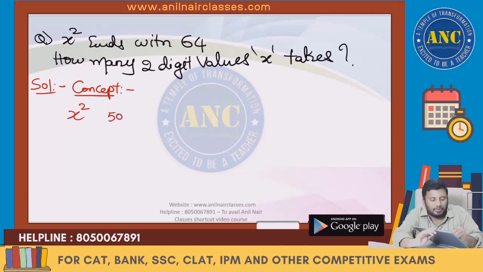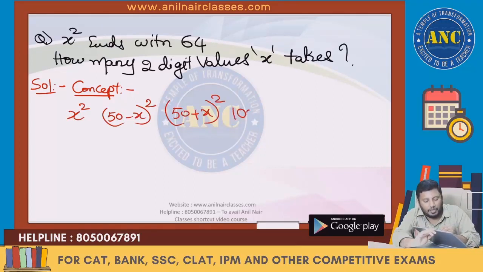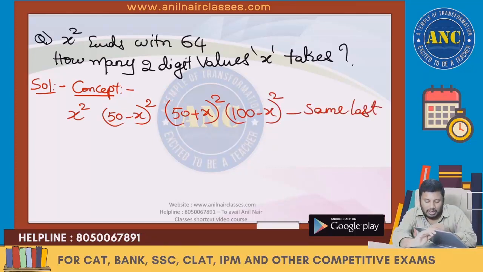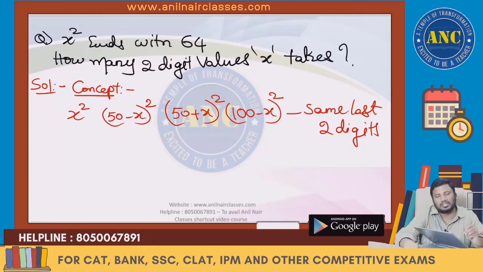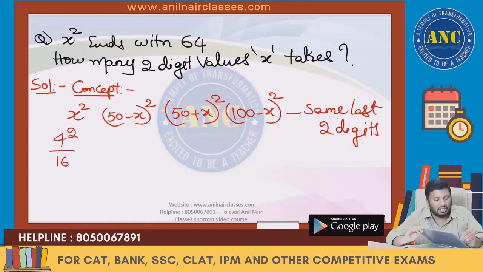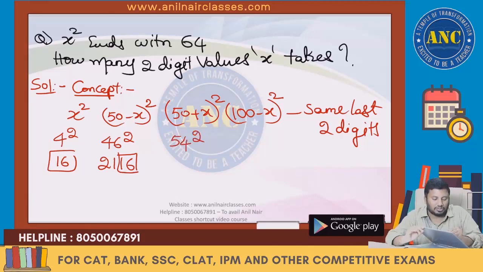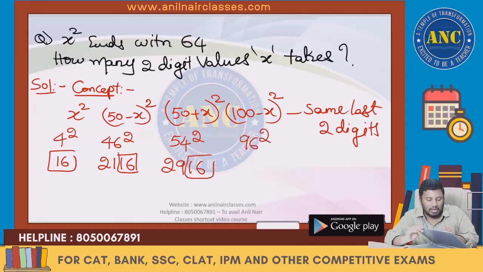X square, (50 minus x) whole square, (50 plus x) whole square, and (100 minus x) whole square all have the same last 2 digits. 4 square is 16. 50 minus 4, 46 square is 2116, again 16. 50 plus 4, 54 square is 2916, again the last 2 digits are 16. 100 minus 4, 96 square is 9216, again the same.